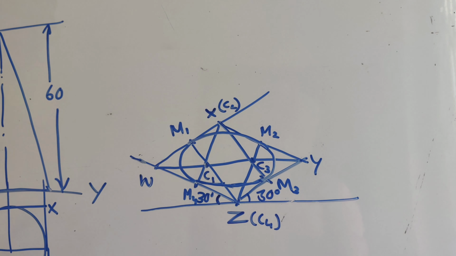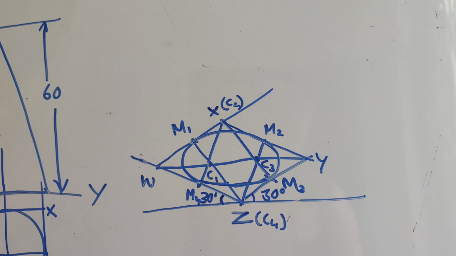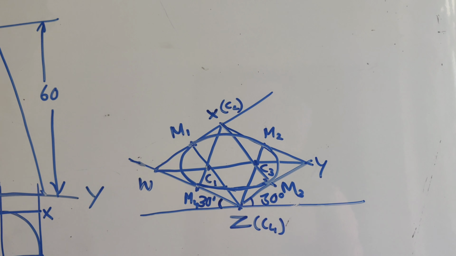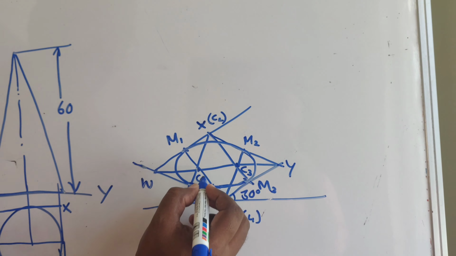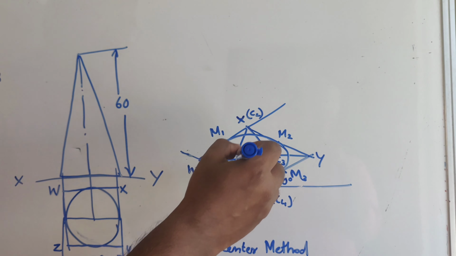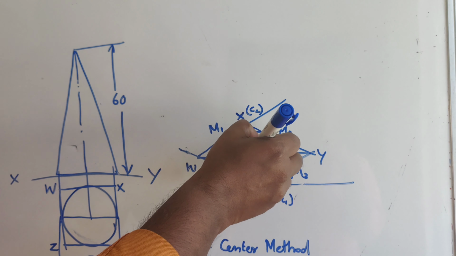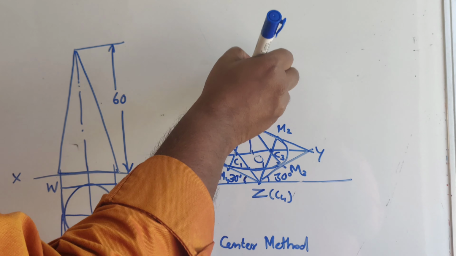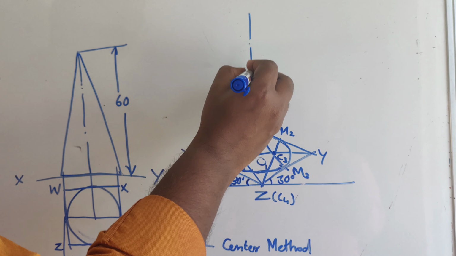So you got four arcs. Using that, you have got an ellipse. The next step is to complete this particular cone, which is the midpoint. You can find out the midpoint of WY, that diagonal. That can be marked as O1. From O1, you can draw a vertical line, which is the axis. Okay, you know the representation of axis.